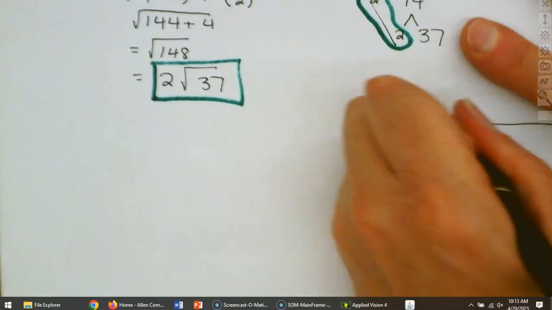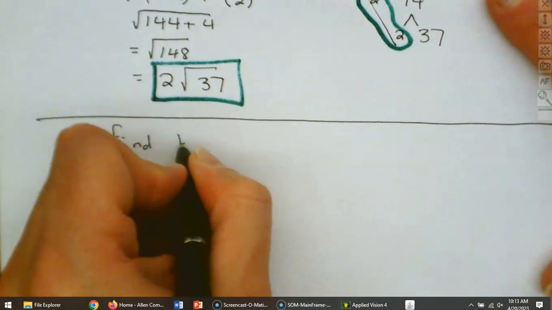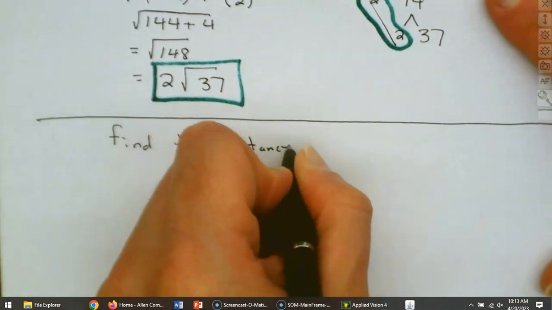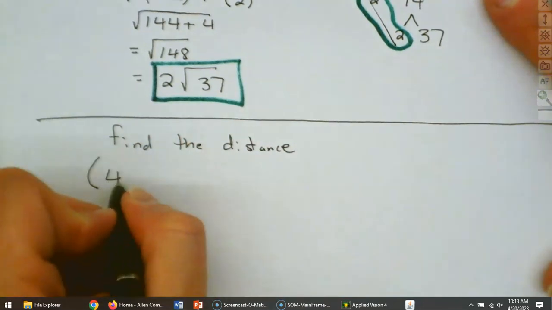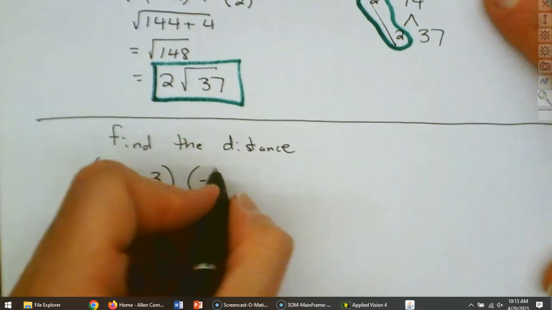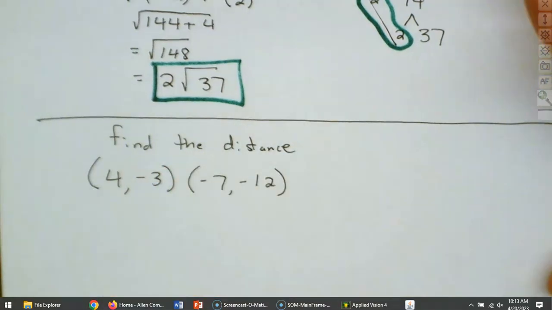Let's do another one. So let's find the distance. How about 4, -3, and -7, -12? So we're going to be trying to find our distance here.